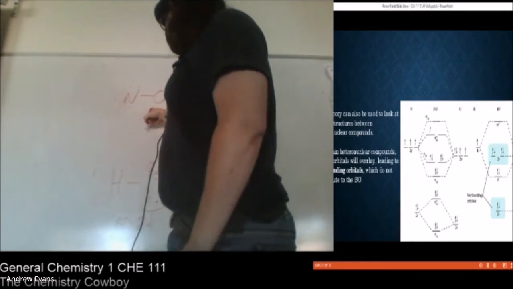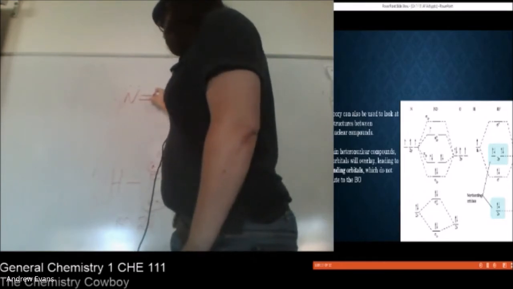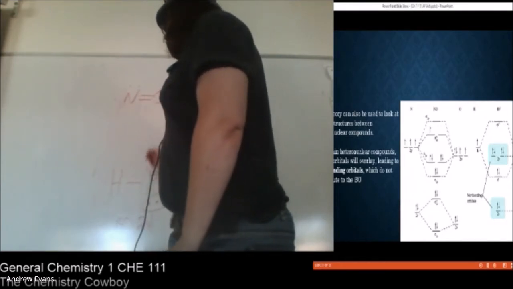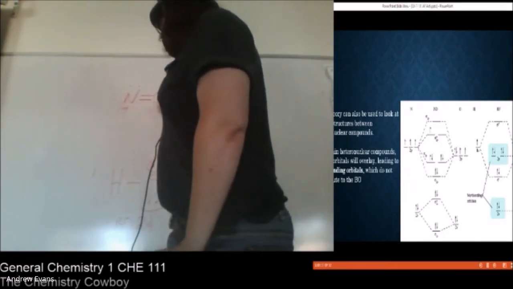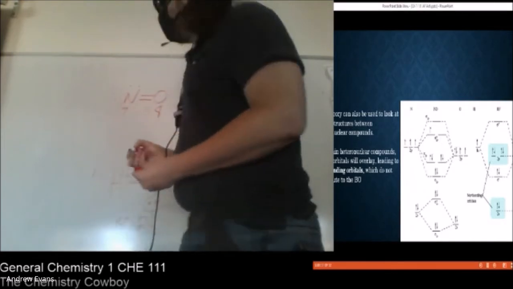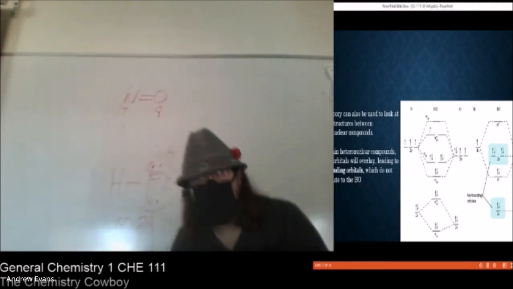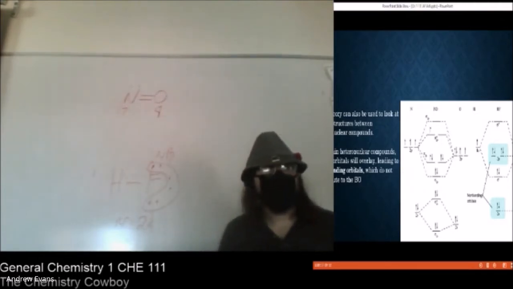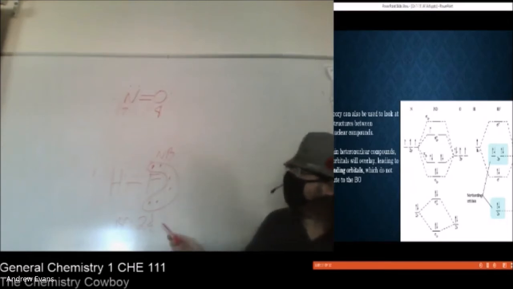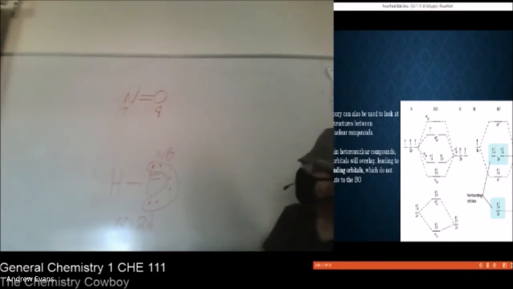I would erase one of these to put it into a double bond, and that's where I have to stop. This guy has 7. This guy has 8. I cannot go any further because if I make another double bond, I'm going to end up with 9 electrons on the nitrogen, and we're not allowed to do that.